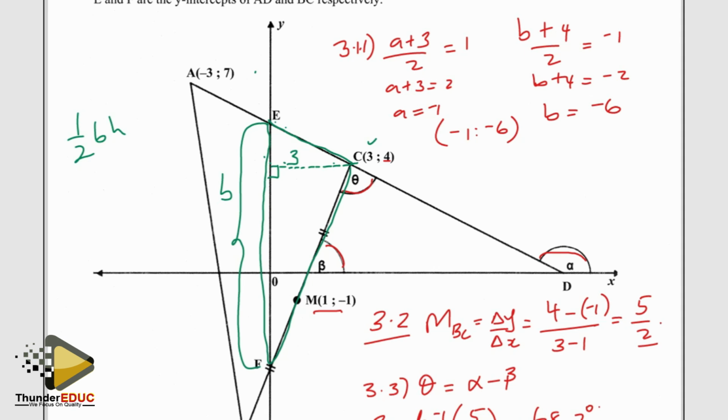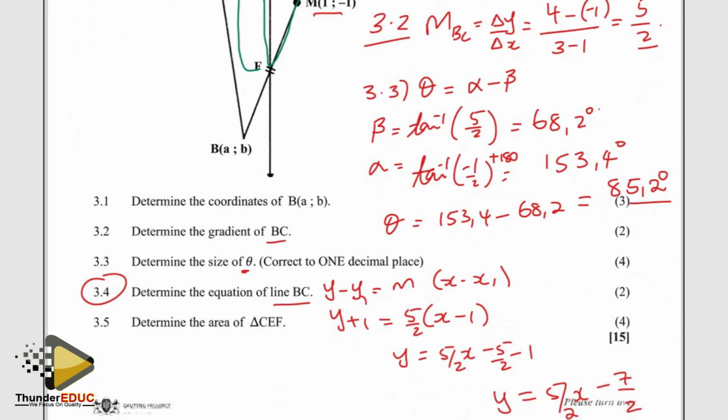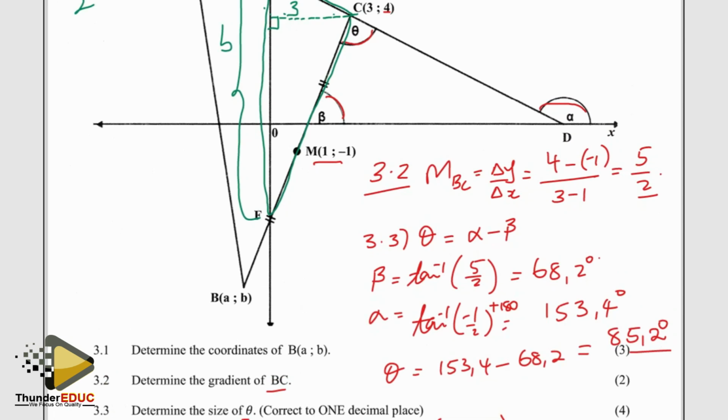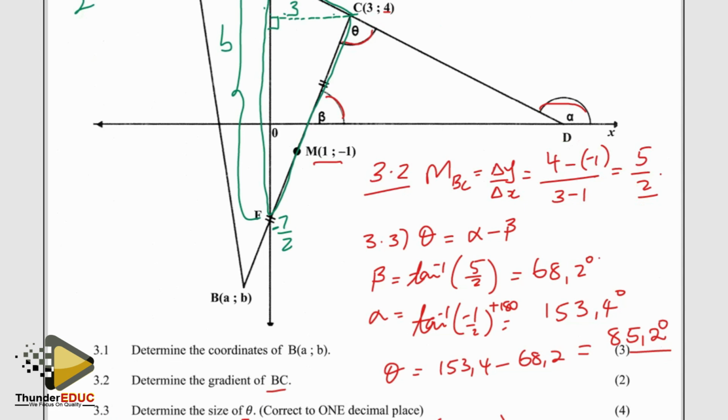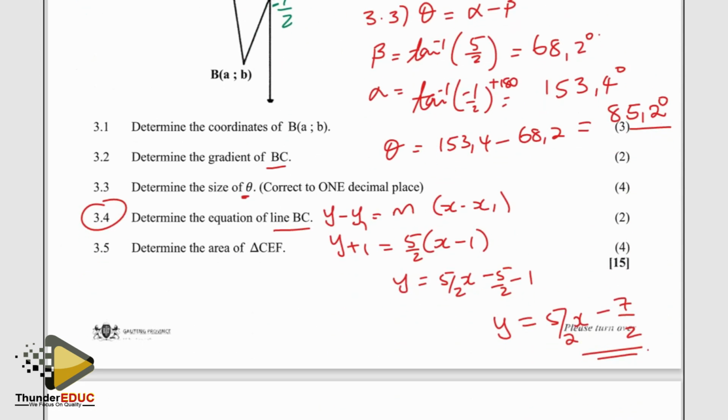Now from the equation that I just calculated, I'm seeing my y to be a 7 over 2 negative. But what is E from this equation? E is 11 over 2. So which means my base is going to be 11 over 2 plus 7 over 2.